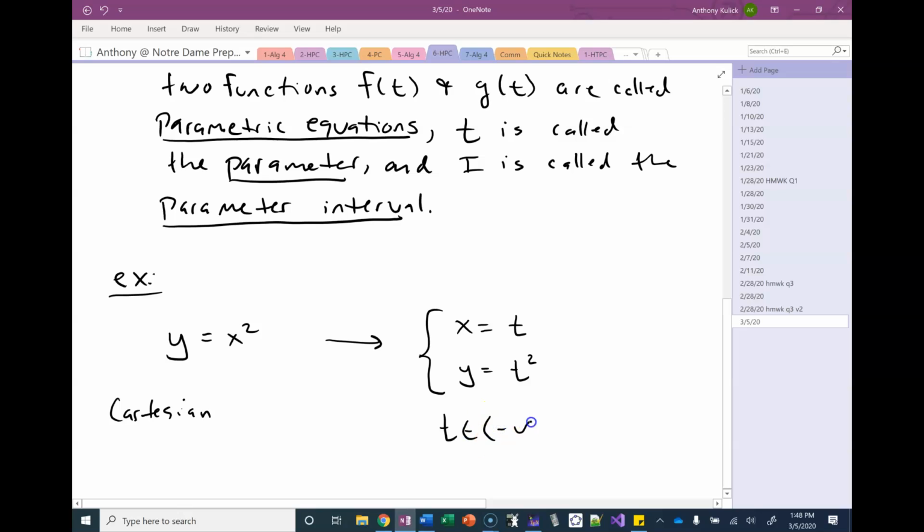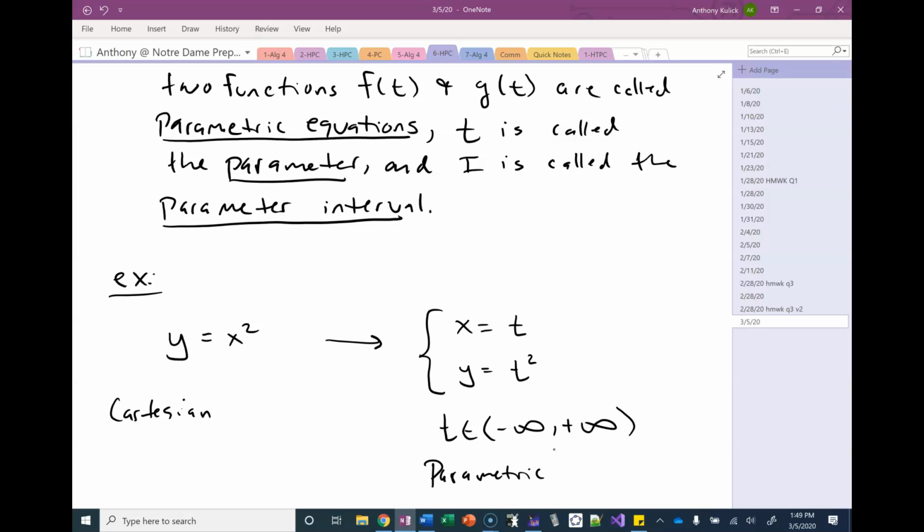And then we have to list what values of t we're going to plug in. So typically we describe those values of t using interval notation. Okay? So this is our parametric version over here. Anything you can graph using the Cartesian form, we can also graph using the parametric form.